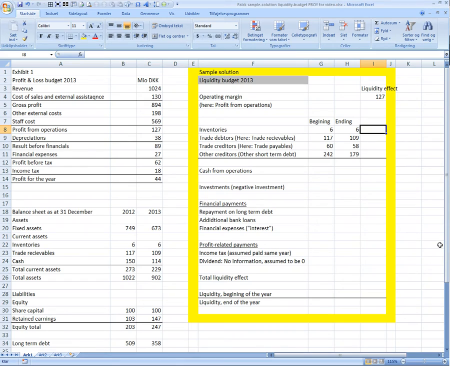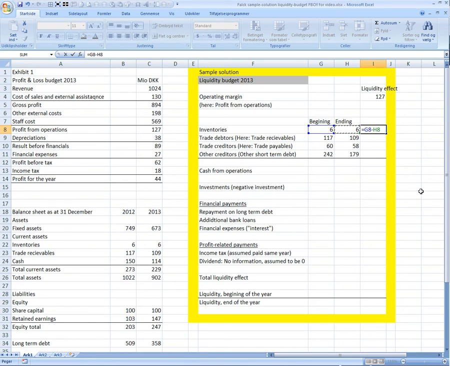Inventories, well, they are basically unchanged, so it's a 0. But we could say basically that an increase is bad if we had one. So I would make the formula by saying the ending... No, I'll do the other way around. Beginning minus ending.